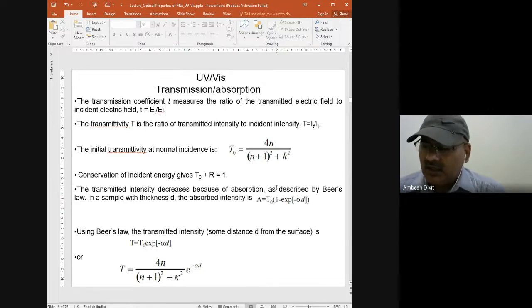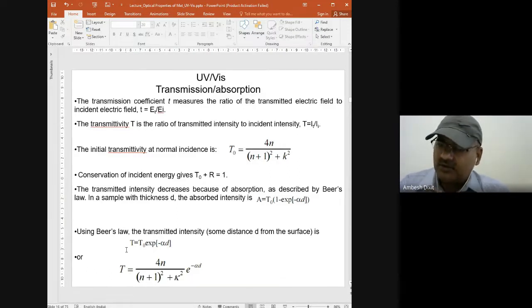So the transmitted signal is T = T0 e^(−αd). The actual transmission you get after including absorption in your system is 4n/((n + 1)² + k²) times e^(−αd).